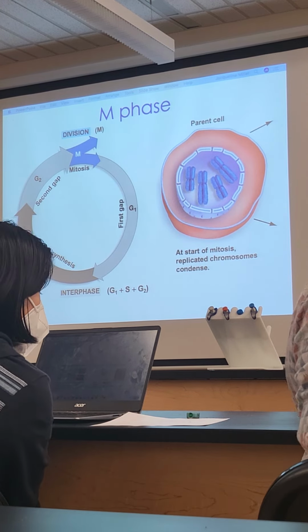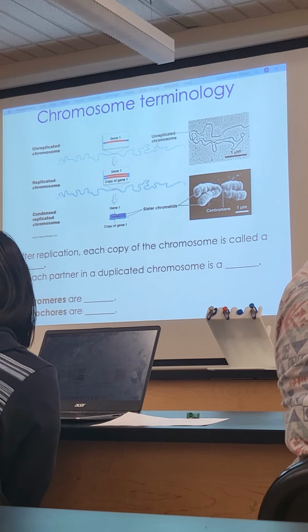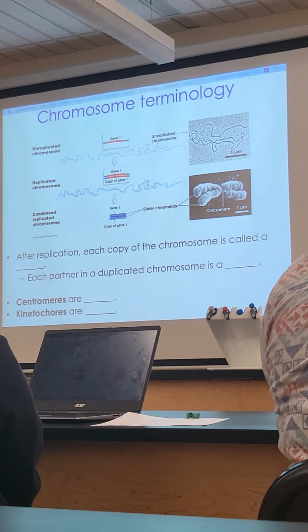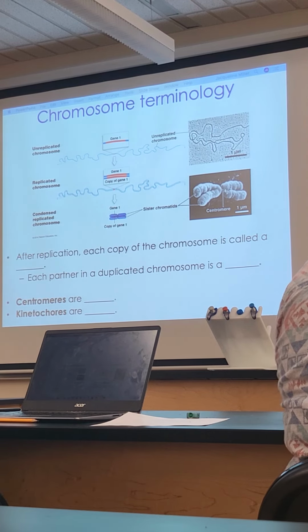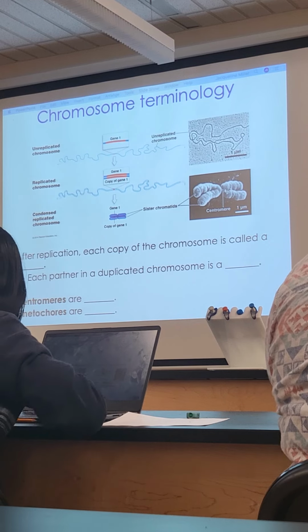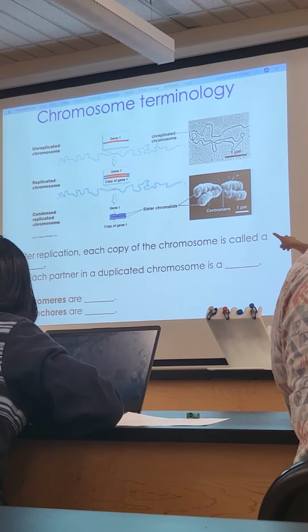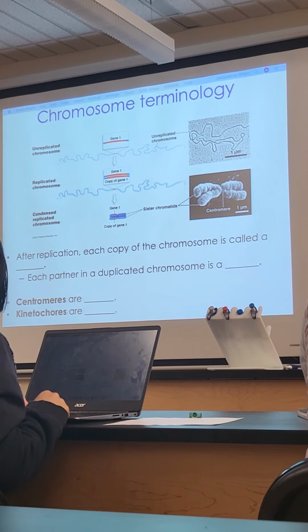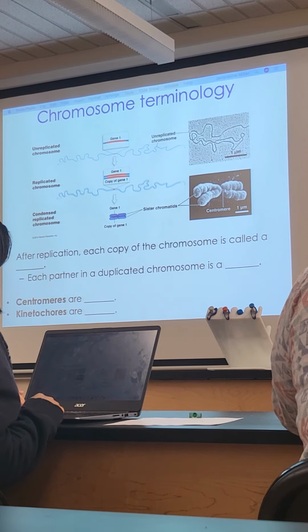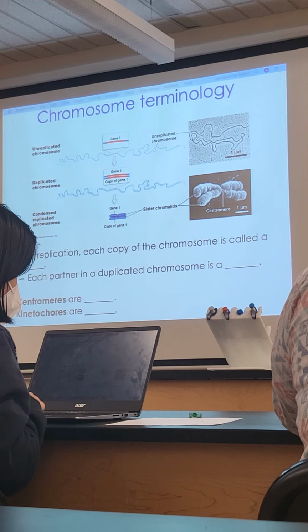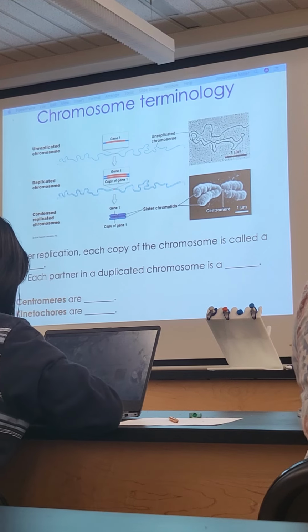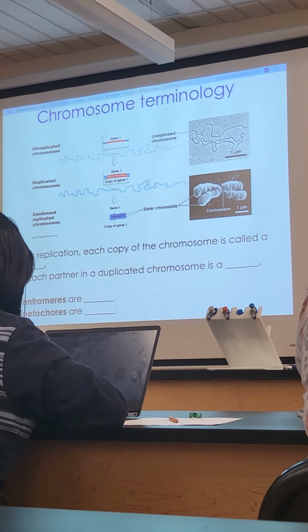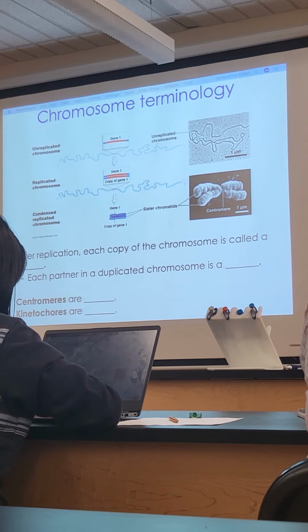Okay, so some terminology that we're going to add in here. We've already kind of said these words, but I just want to make sure that you understand what they are. So each copy of the chromosome is called a chromatid. I use the word chromatid to be a single DNA molecule. I know sometimes people think that you can only have sisters, so it can only be after it's duplicated.